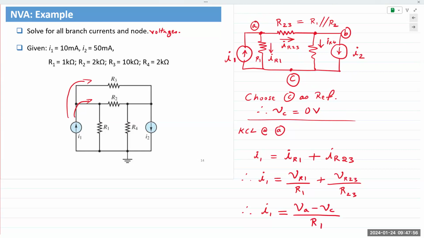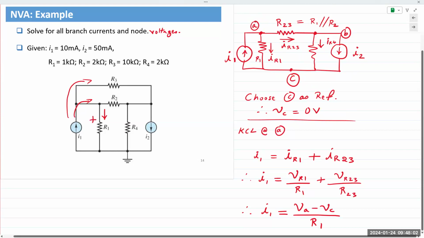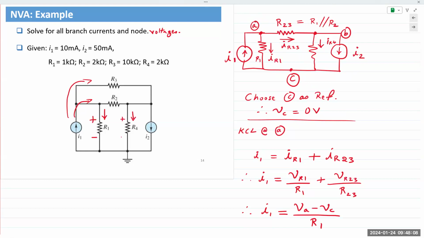It helps if you wish to put a plus and a minus sign. Since I chose the current going this direction, the voltage would appear with this polarity. Again, these are assumptions on our part. If the current is going this direction, you get plus and minus, so that way I know which node is higher and which is lower.